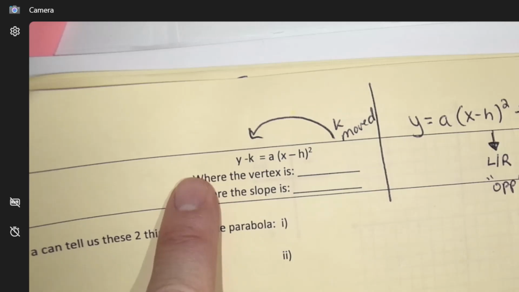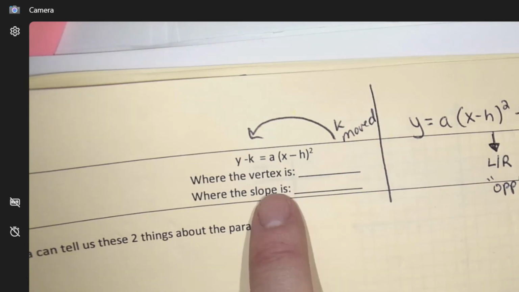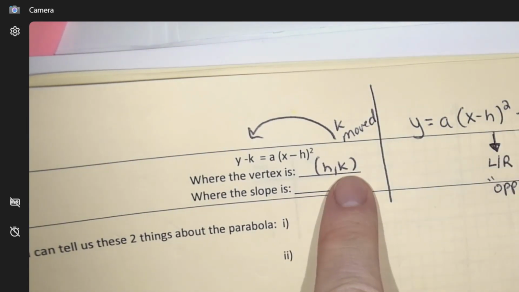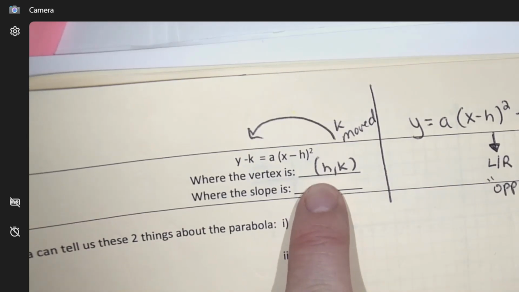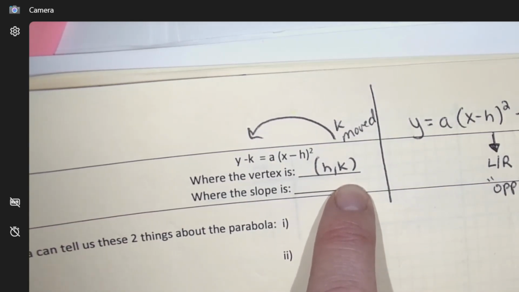If I move the K to the other side, it's going to change it to an opposite sign. Okay? So the vertex is always going to be the H and the K, because the H is always telling us left, right, and the K number is always going to be telling us up, down.